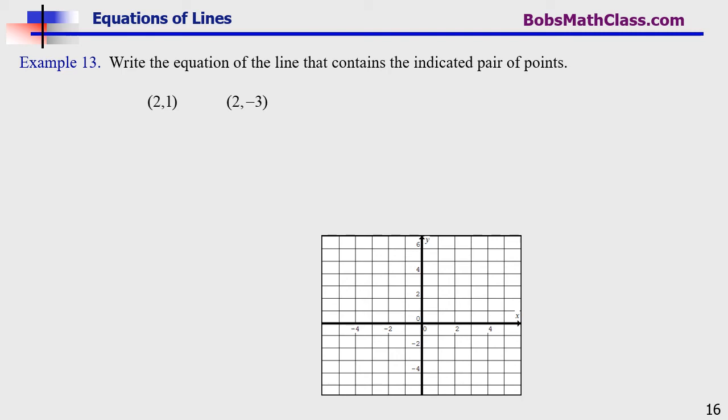Of course you memorized it, right? M equals y2 minus y1 over x2 minus x1. The first point is x1, y1. The second one is x2, y2.